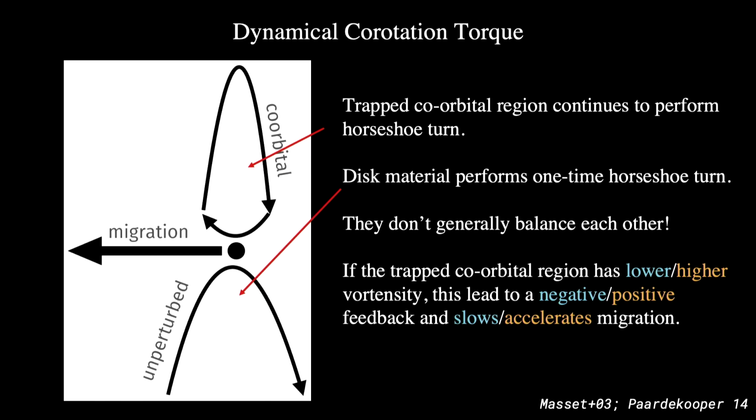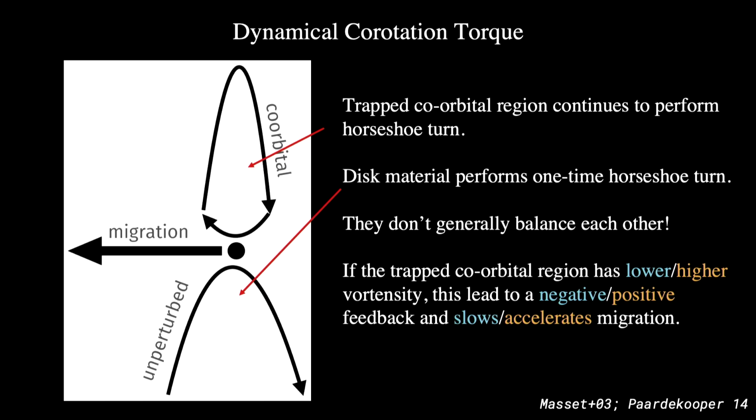So when the planet is moving, let's say in this case migrating from right to left, the co-orbital region is behaving differently whether it is upstream or downstream of the planet. Up here, you have a trapped co-orbital region that just continues to perform horseshoe turns, maintaining the vorticity that it had from where the planet started.